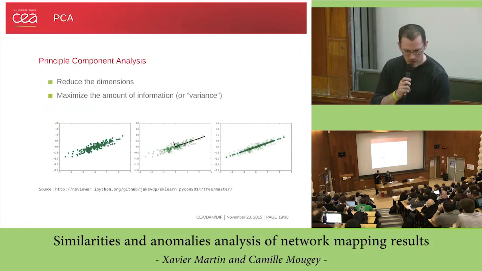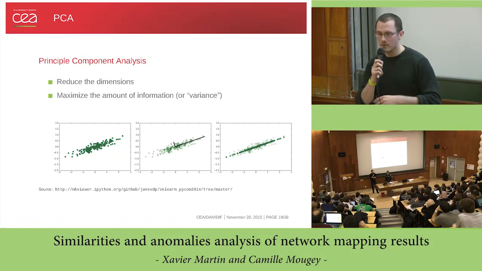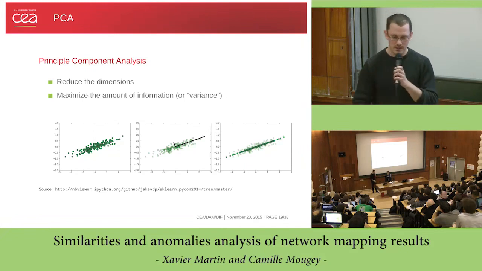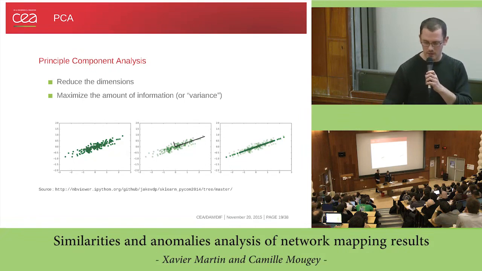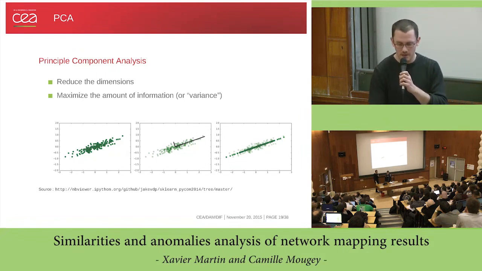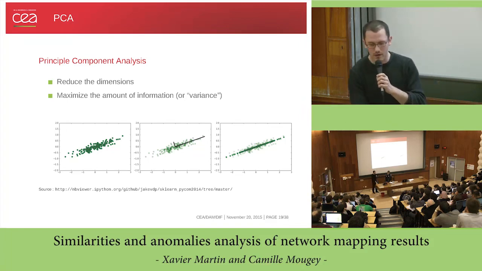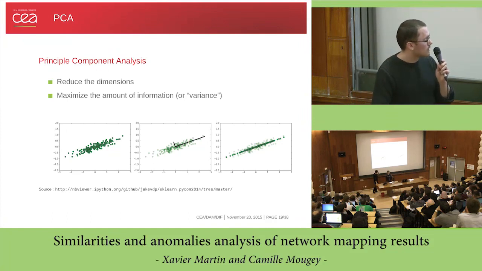So the first algorithm we will speak about is the principal component analysis. It's about representing data in high dimension and getting it back in lower dimension. And by doing that, you want to lose as little information, or variance, as possible. Here's an example. You have a two-dimensional data set.